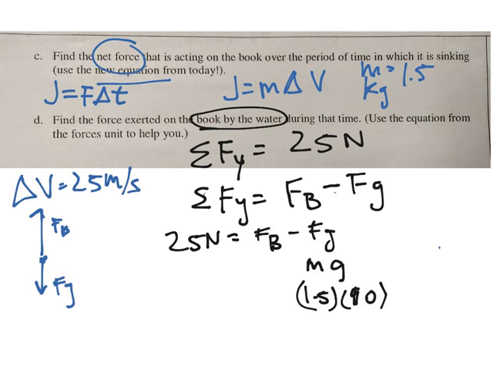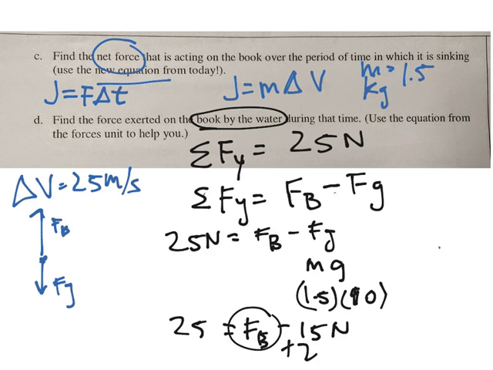So it would be 15 newtons. F buoyancy minus 15 gives us 25, so I want to know what this is. If you move this over, we get F buoyancy is equal to 40 newtons.